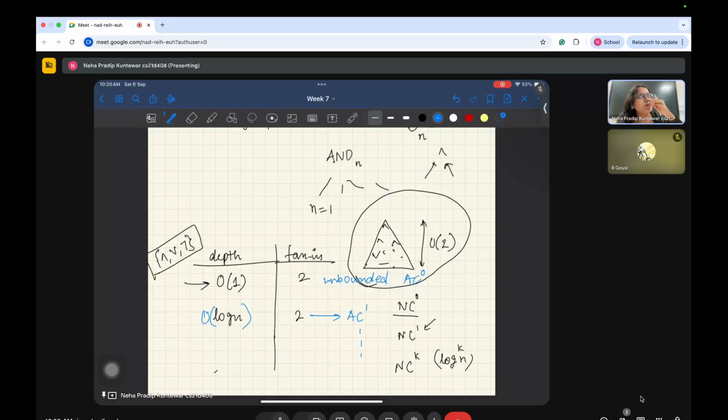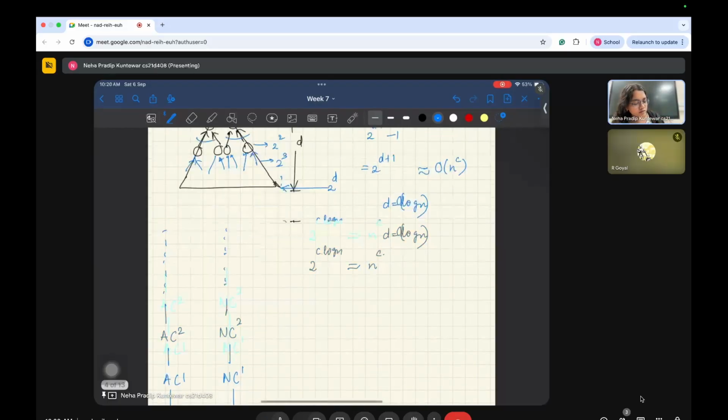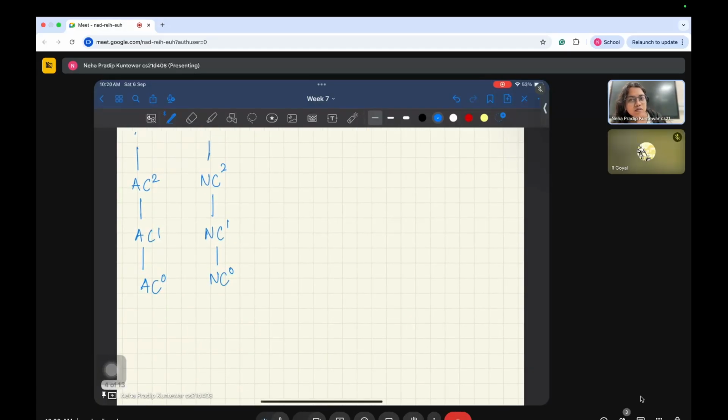Notice that when we have this depth, let's not put the arrows right now, because it could be taking any subset of these arrows.